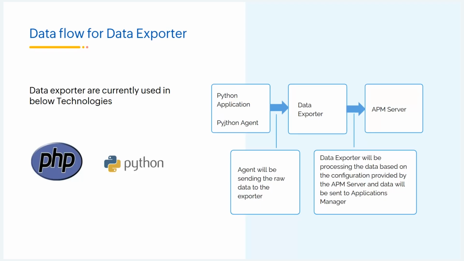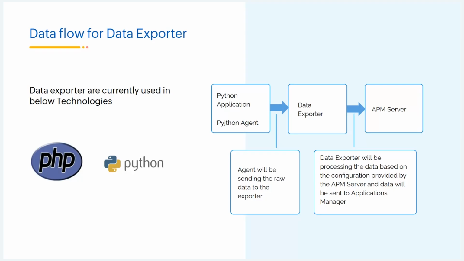A single data exporter instance is set up, which will handle data processing for multiple applications. As I mentioned, it acts as a middle layer between the application and the Applications Manager server. The application will continuously generate the data related to its performance, like traces and other metrics.